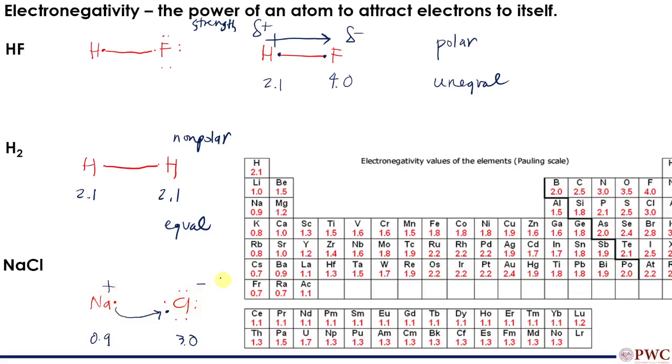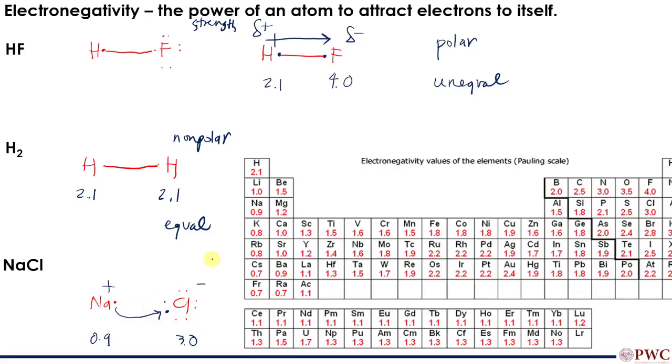So again here, these are formal charges, these are full charges, meanwhile these are partial charges. So there are formal charges when there's a total transfer of the electrons. Here they are still sharing these electrons, so it's just partial charges.